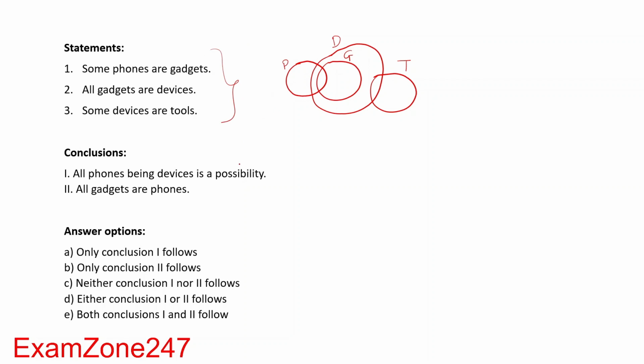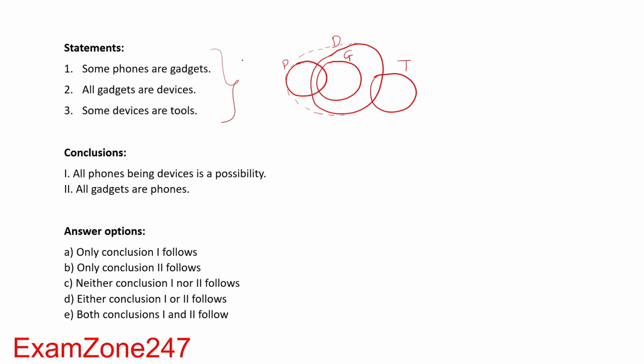Now let us draw what he is asking and look whether the statements still hold true. If I draw the devices with this dotted line and include the phones inside devices, all phones are being devices. So I have included the phones in devices.